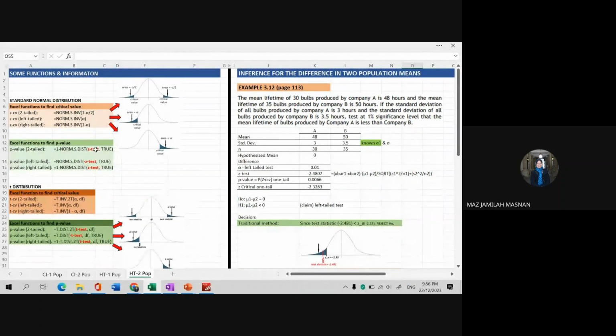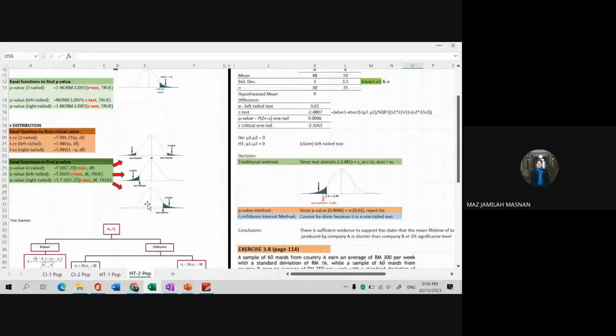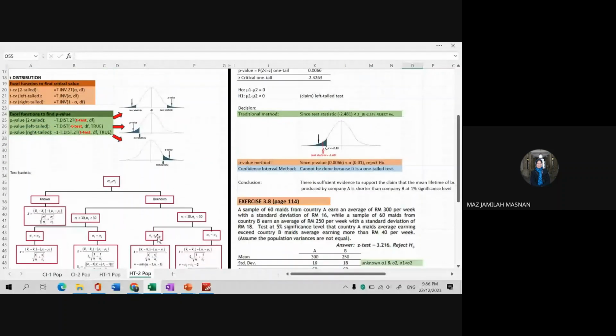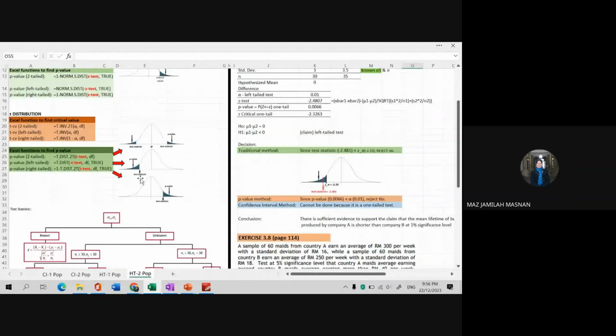That's why I put it here in red, bold: the Z test or the T test. If you are using the Z, it is the Z test; the T test if you're using the T distribution. It goes back to the requirement of your problem. So the p-value reflects the value bounded by the test statistic.